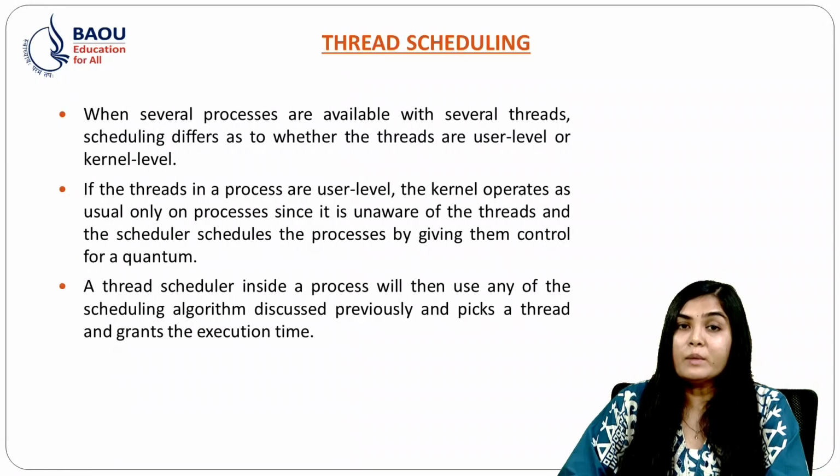Next, we will understand about thread scheduling. When several processes are available with several threads, scheduling differs as to whether the threads are user level or kernel level. So, if threads in a process are user level, the kernel operates as usual only on process since it is unaware of the threads, and the scheduler schedules the processes by giving them control for a quantum.